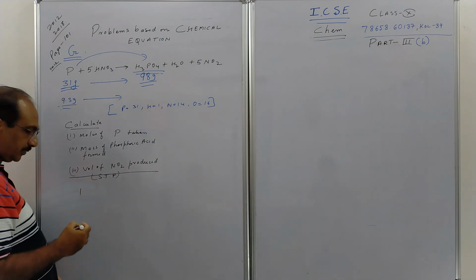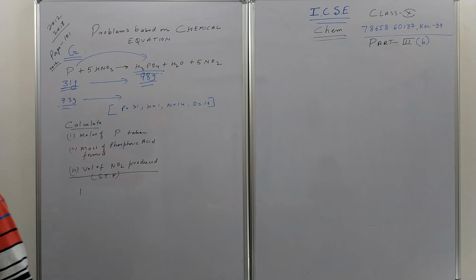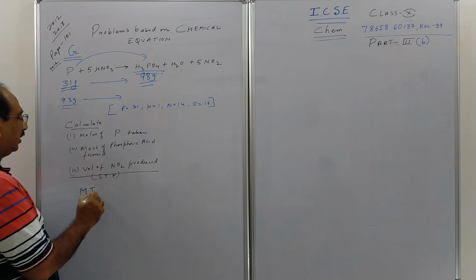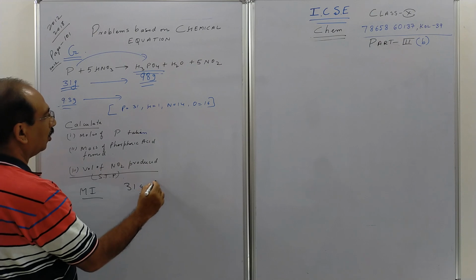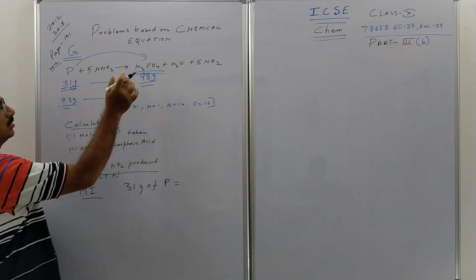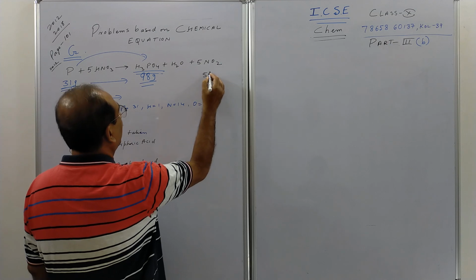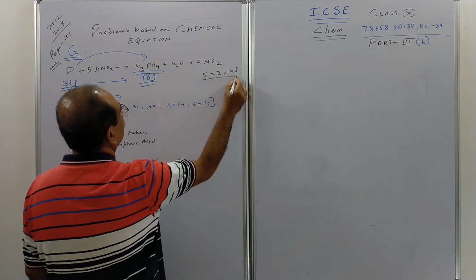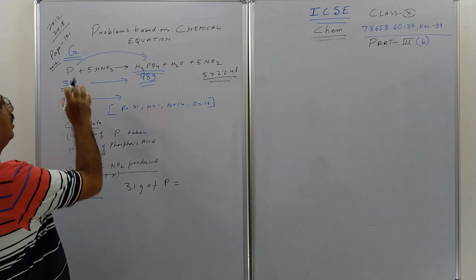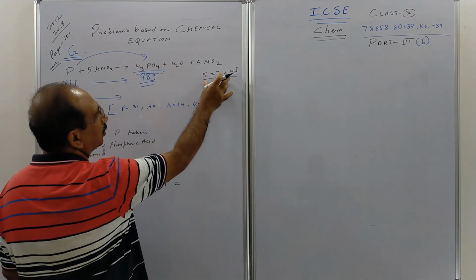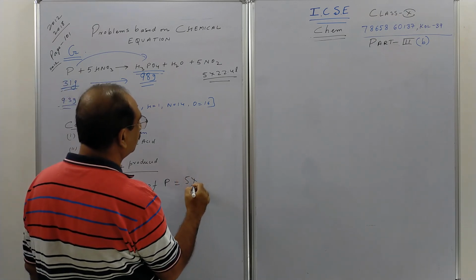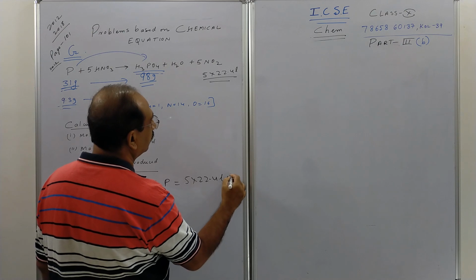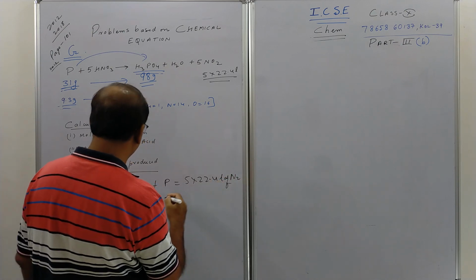Method 1, traditional method. 31 gram of phosphorus as per the equation gives you 5 into 22.4 liter. So 1 mole of phosphorus gives you 5 moles of NO2, so here we take molar volume, 1 mole's volume, 5 into 22.4 liter of NO2.